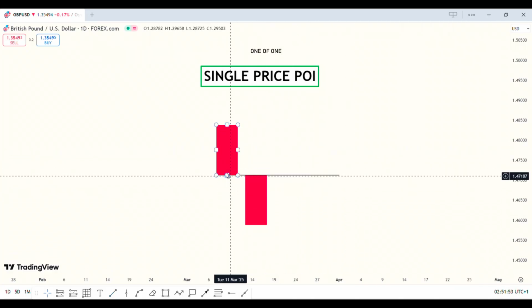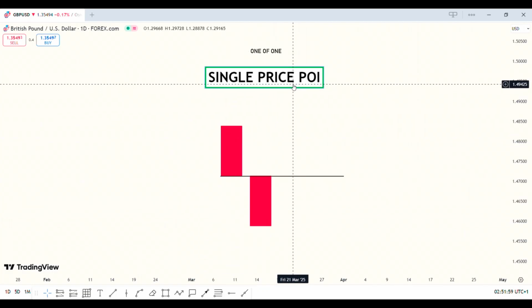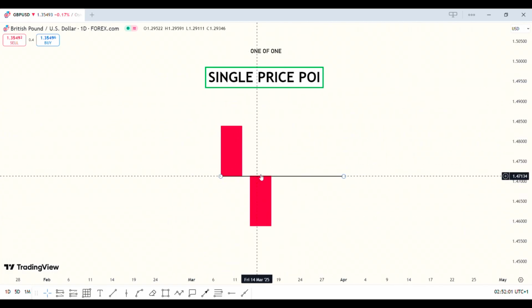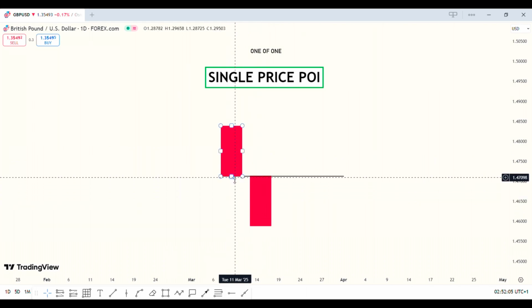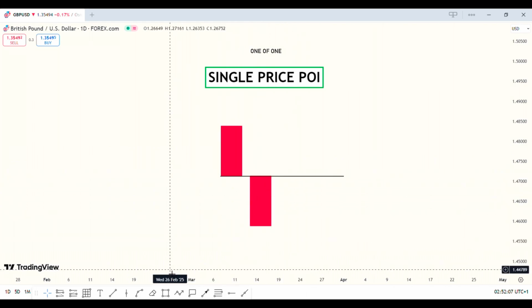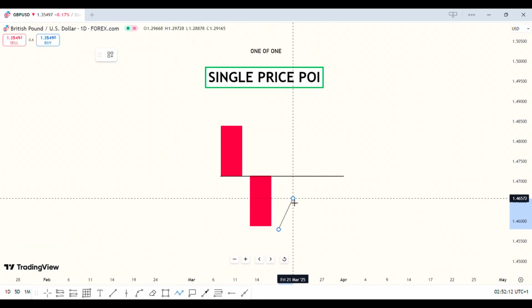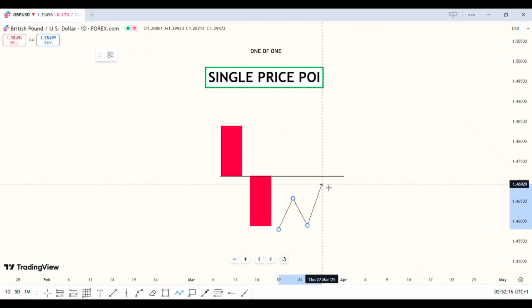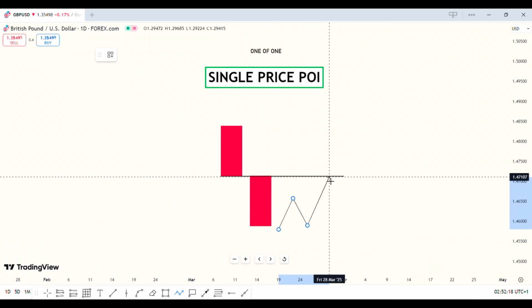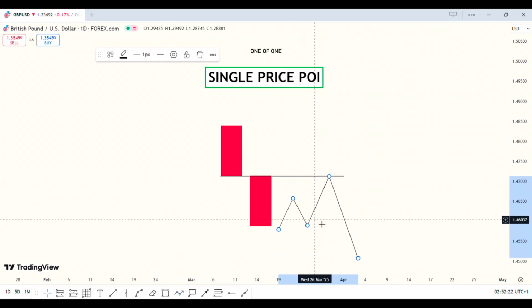You need two candlesticks for a single price POI to be considered. So the closing price of the first candlestick, that is what we are going to be marking out as our POI. We can expect price to come into this level, tap into this level, and present us with a trade opportunity.